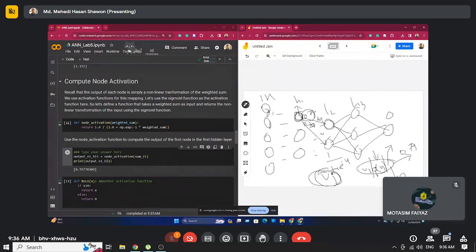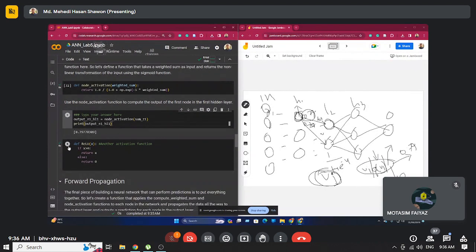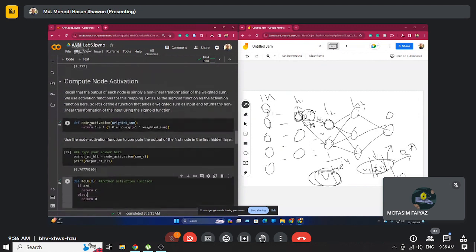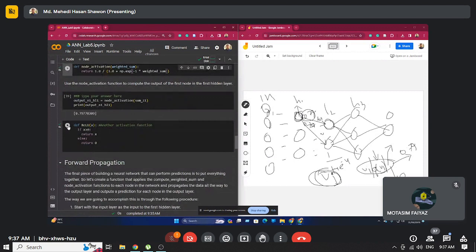Yes, sir. Ataur Rahman, are you there? Suppose this is a sigmoid function, this activation function. But if you want to apply another activation function, this is a ReLU activation function that Masugaran was asking about: is ReLU an activation function?